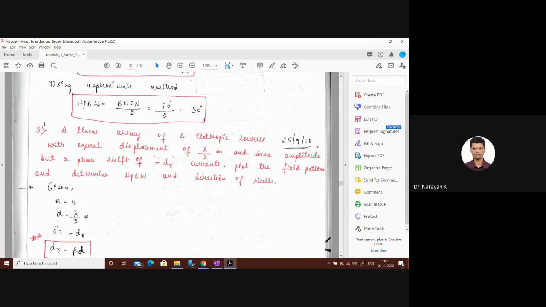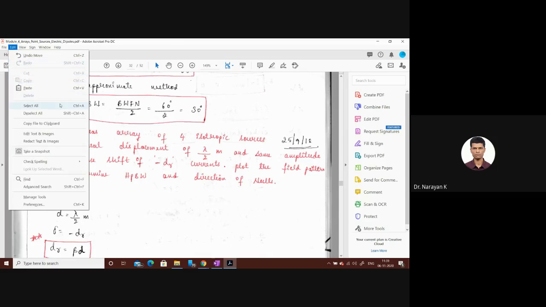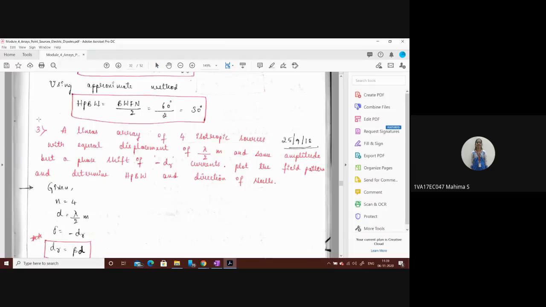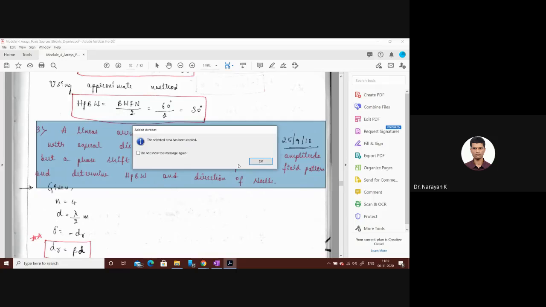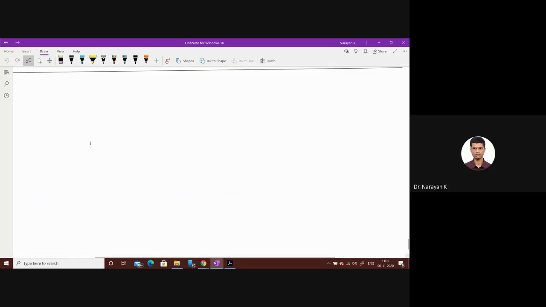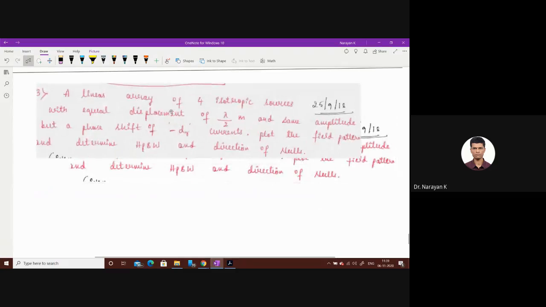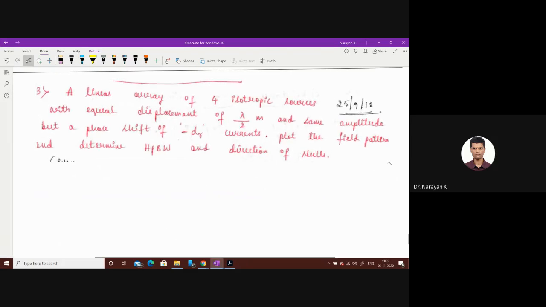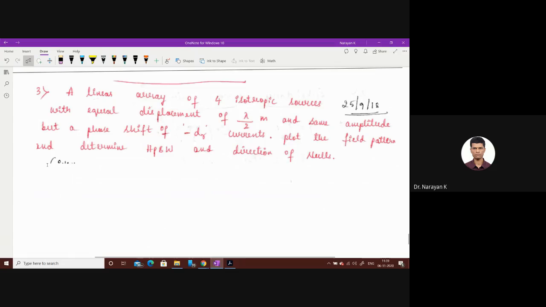Have you written down the question? Yes, sir. Plot the field pattern and find the direction of the nulls. Very good. I'm able to see the question here only.